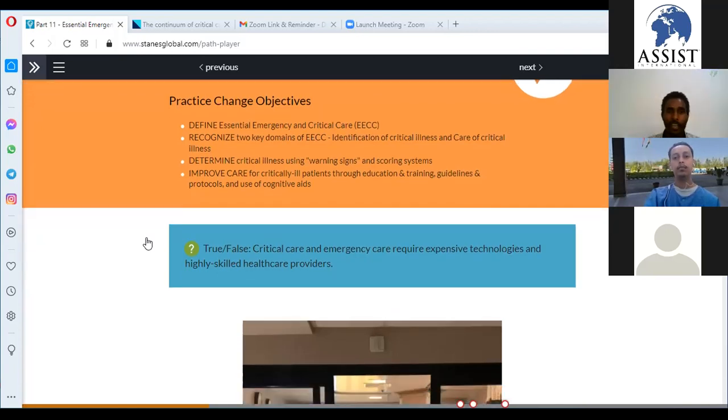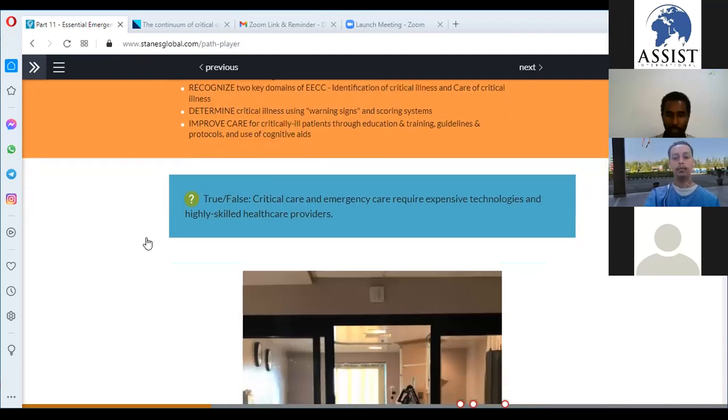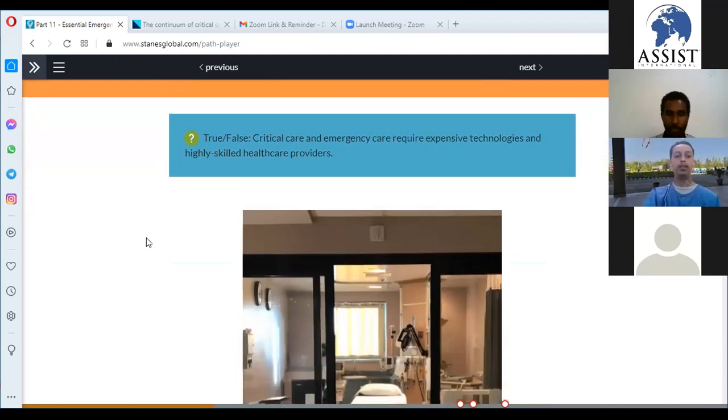You will also be able to determine what aids in identifying critical illness, and finally you will improve your care for your critically ill patients in your setup. So you have a leading question here.